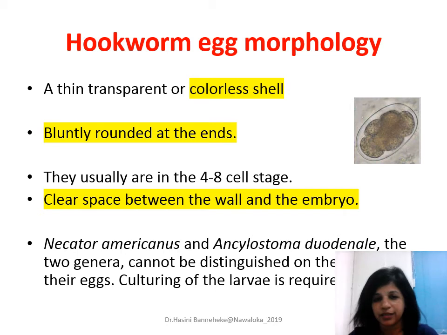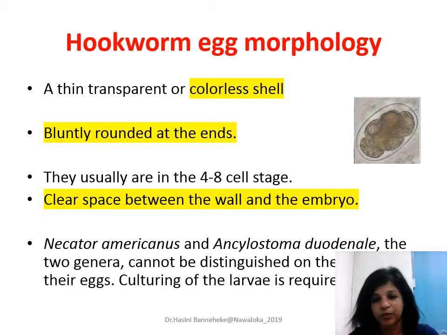It has an embryo which is divided into 4 to 8 cell stage. And from the thin wall up to the embryo, the space between the wall and the embryo is quite clear. Those are the features with which you are going to say that this is a hookworm egg.